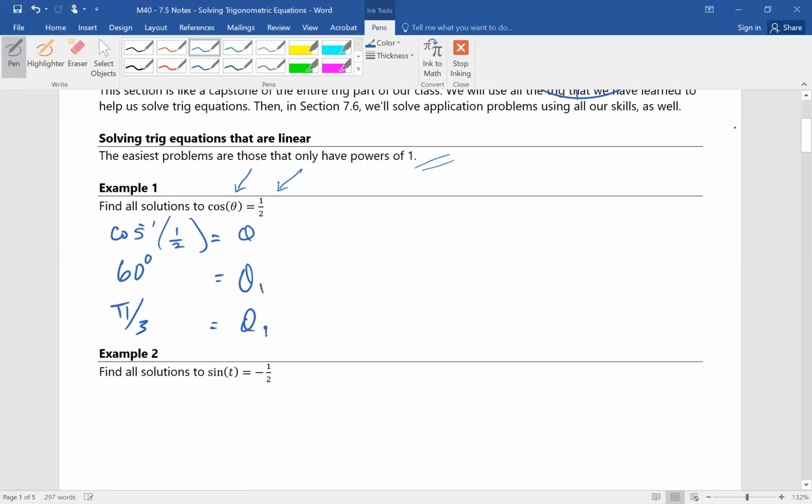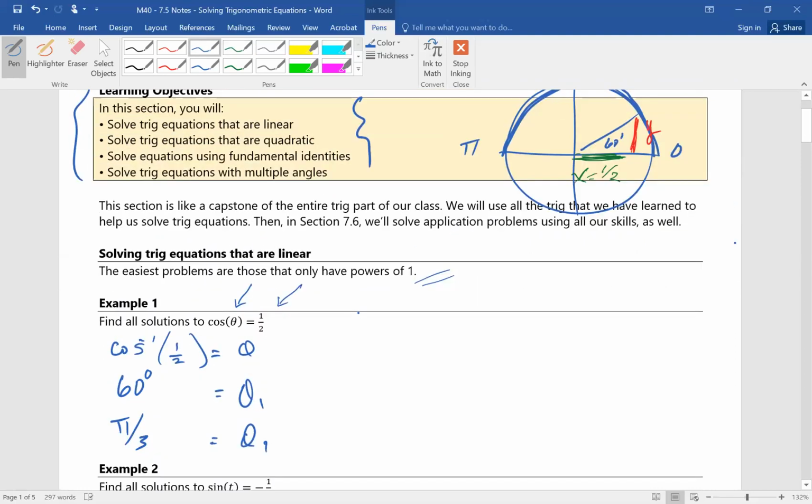But as you rotate around, now remember, that's your first answer, so you can call that theta 1, either one. But the other thing that you have to consider is that they're asking you to find all the solutions. So as I'm going around the unit circle and I keep going, you can rotate around all the way to where you have a reference angle of 60 degrees there.